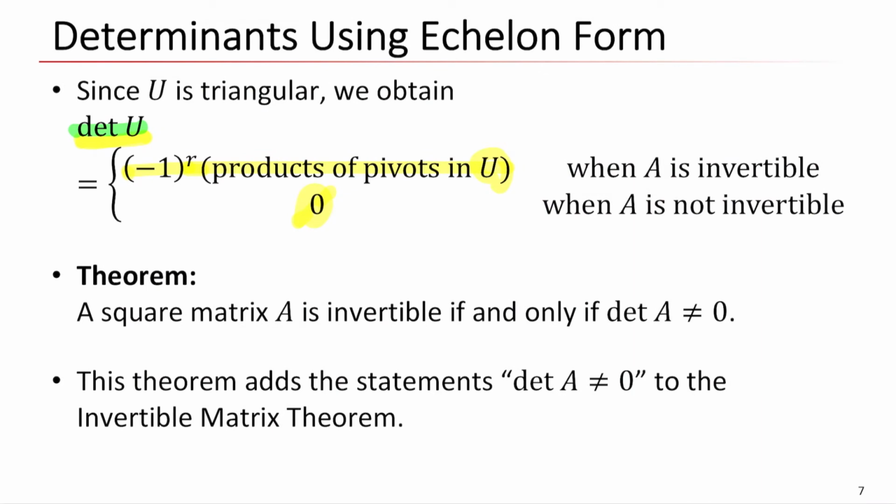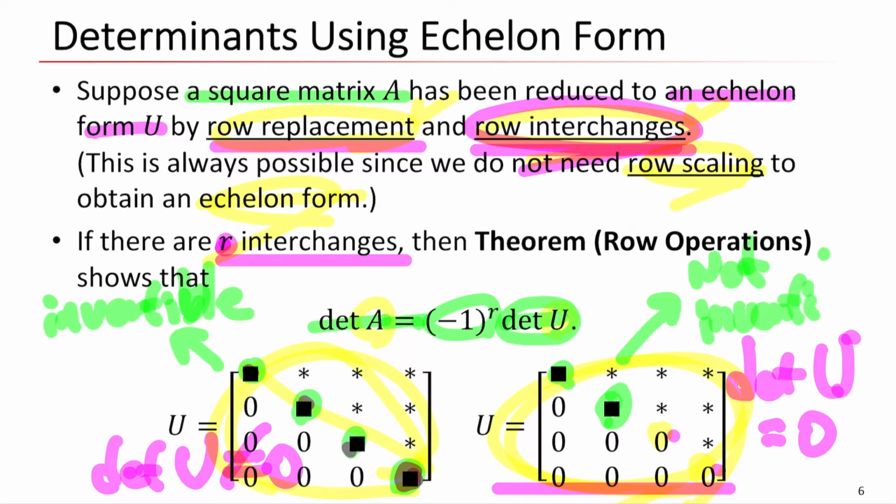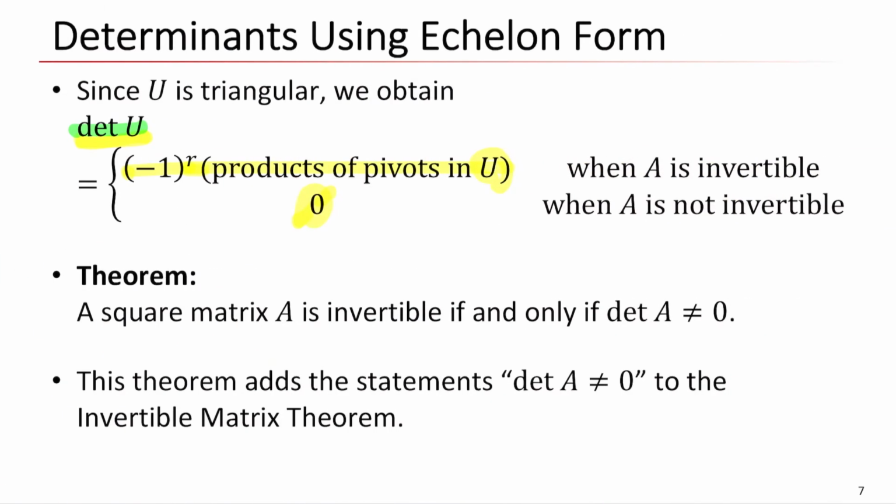So in other words, this case means this matrix is invertible, right? Then this case means this matrix is non-invertible, right?